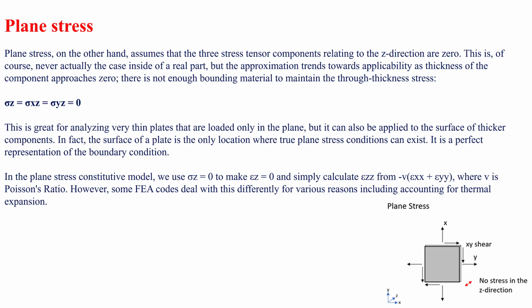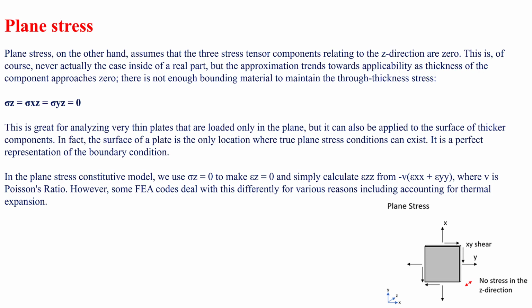So here the stress along z is equal to 0, and the strain along z is not zero. To simplify, the formula is epsilon zz equals minus v times the bracket of strain along xx plus strain along yy, where v is the Poisson's ratio.